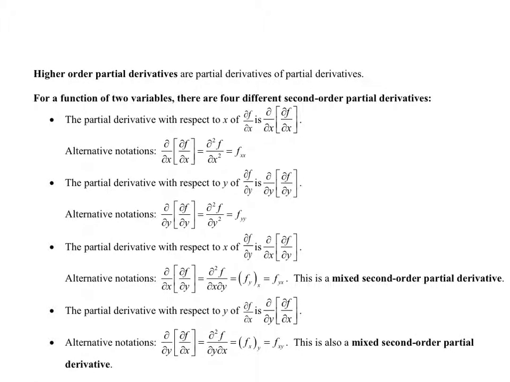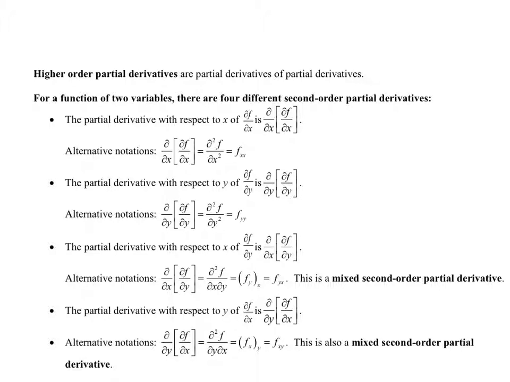So, the partial derivative with respect to x. Well, if you already started off taking a partial with respect to x, and you take it a second time, this is what our notation would emerge as. It would be delta squared f over delta x squared, which is basically the same notation as Calc 1 second derivatives, except deltas instead of d's.